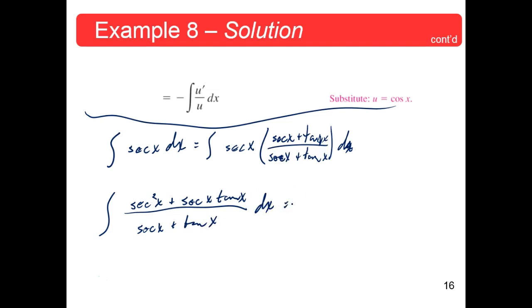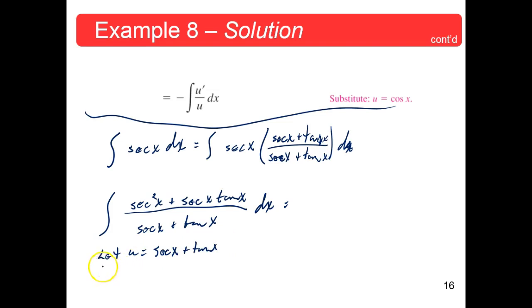Now, notice what that does for you. Or, if you don't notice it, what would you do next? And what substitution would you use? That's it. Secant x plus tangent x.